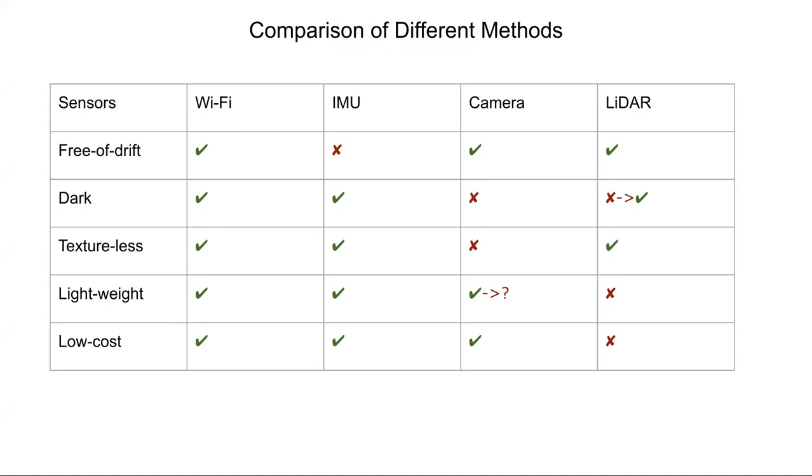So I put a question mark here. I'm not 100% agree that camera data is lightweight. If you feed a high definition video, you have lots of data to compute. And it's low cost: the Wi-Fi access point is not that expensive compared to LiDAR.